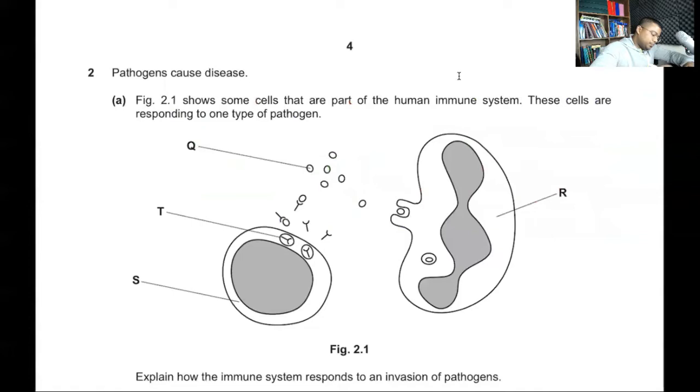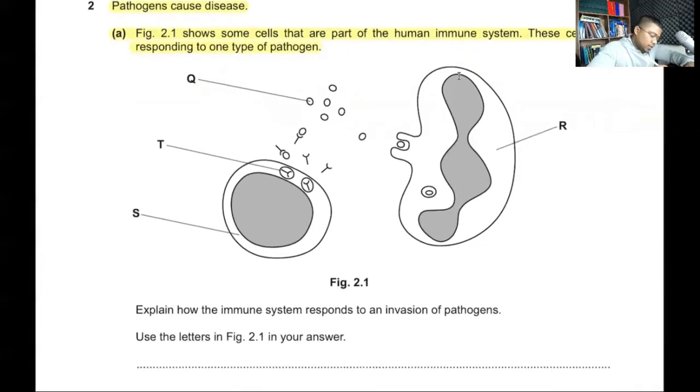Question number 2. Pathogens cause disease. Figure 2.1 shows some cells that are part of the human immune system. These cells are responding to one type of pathogen. So we can see Q is basically the pathogen, and the molecule T is representing antibodies.